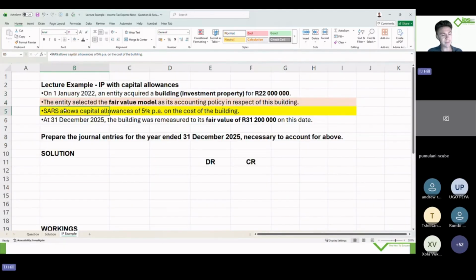Because some of the tax benefit is going to come from capital allowances, because I can actually claim capital allowances on it. However, the rest is going to come sort of from sale. But do you agree with me?